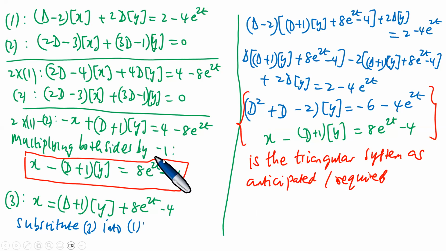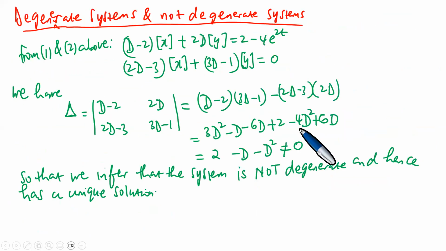So each triangular system, being equivalent to the former system, we have just performed elementary row operations by means of elimination. We call them elementary row operations in the case of matrices.